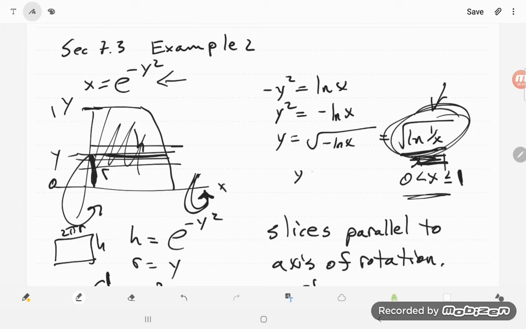So y equals 0 implies x equals 1. And then if y is 1, we get e to the negative 1. And so in our case, we'll do limits between those.